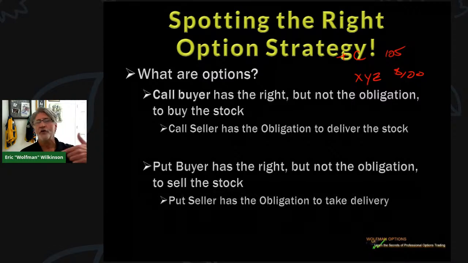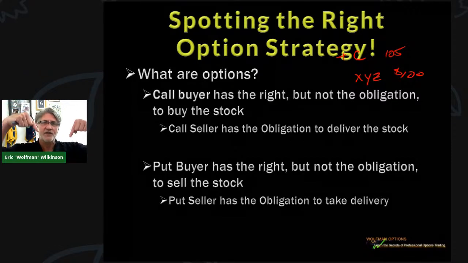And if you're a put buyer, you have the right but not the obligation to sell that stock. All right. So if I bought a 95 put on XYZ, and XYZ starts trading down, well, that put becomes more valuable because I can sell it higher than where it's trading, right?